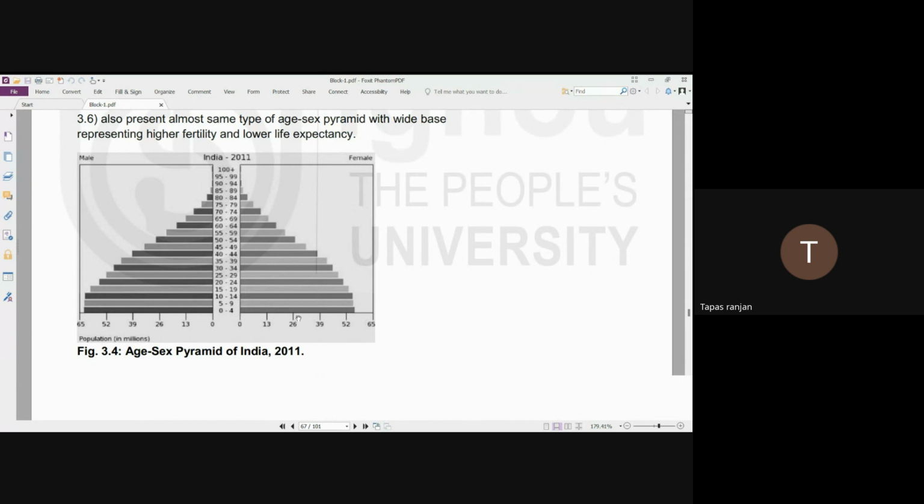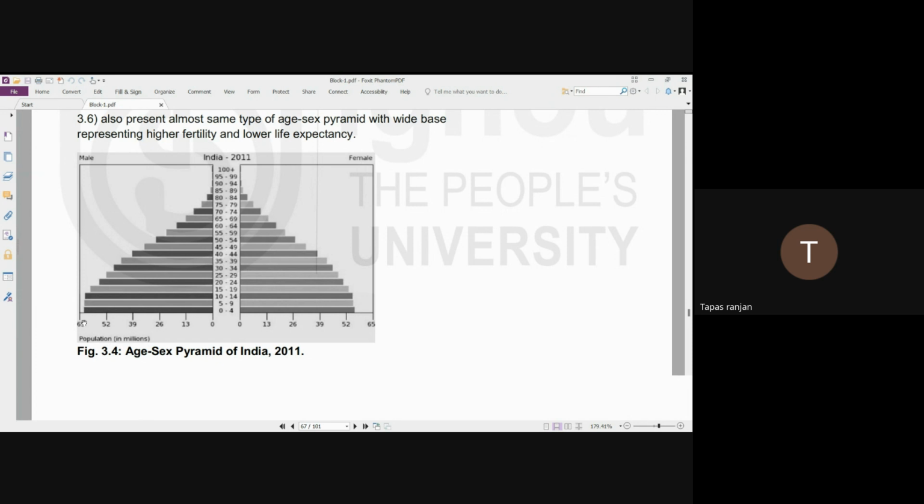And here also you can clearly see the differences in male and female. The male child population is very high as compared to the female child population. Okay, and for the youngest population, here we are seeing in millions, not in percentage.